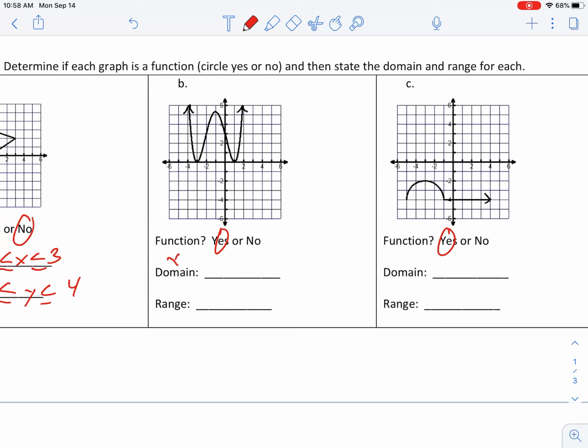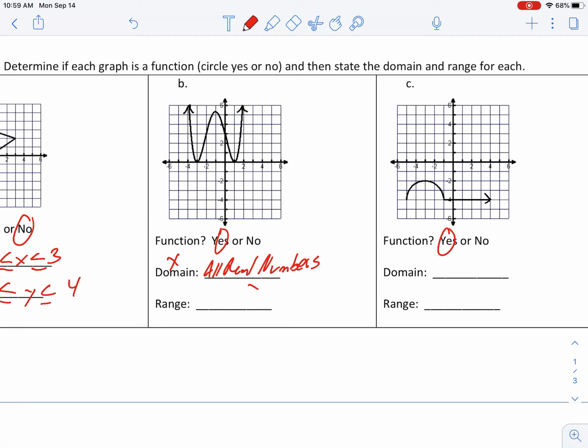Letter B. Okay, for the domain, it's on the x's. Now, there's an arrow there. So because it's an arrow, this arrow pushes through this left bookend and continues in that direction. On the right-hand side, same deal. That arrow pushes through that right bookend and continues on. So I do not stop on the left and the right. I continue on for what we call all real numbers.